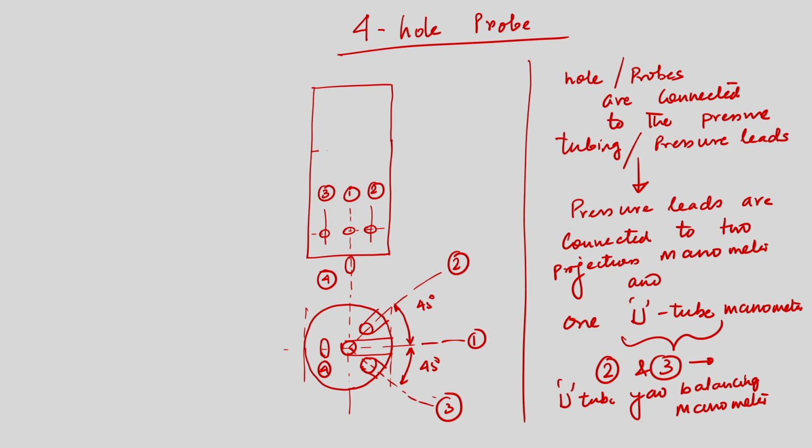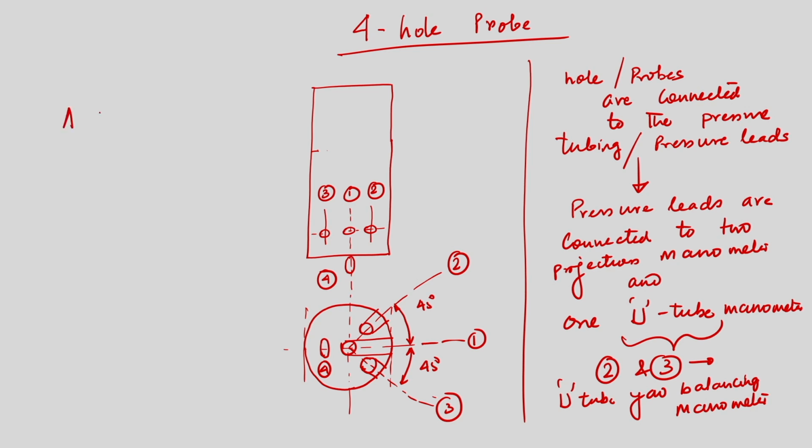Now I can see that we will get pressure P1 using probe 1, and pressure P4 using probe 4. Probes 2 and 3 are connected with the U-tube yaw balancing manometer, so these 2 probes are responsible. We will discuss why these 2 probes are connected with the yaw balancing manometer.